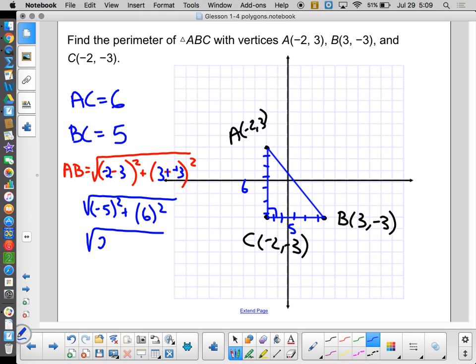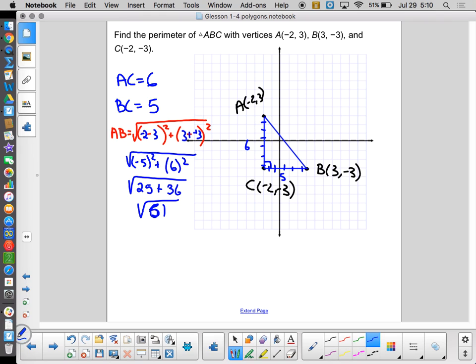Remember, -5 squared is positive 25. I can't square a number and get a negative in the real numbers. It doesn't work. Anytime I square it, I get a positive result. Unless you get some topics that you learn about in Algebra 2, then we're going to start fudging that a little bit down the road. 6 squared is 36, and so that's the square root of 61. So that third side is the square root of 61.